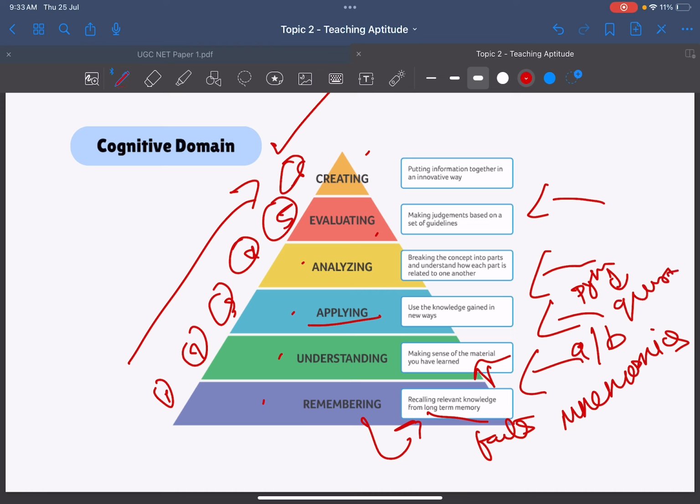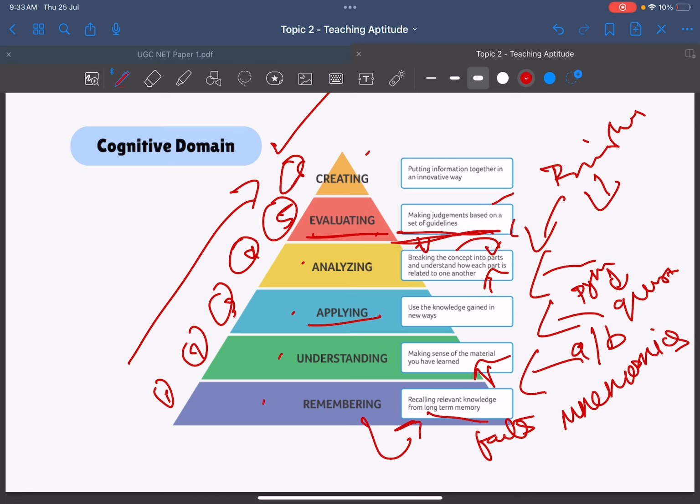Okay? Analyzing means breaking the concepts into parts and understanding how each part works. Evaluating is basically making judgment based on a set of guidelines. For example, Britishers came to India and there are different schools of thought on whether they helped or whether they were bad for the Indian economy or not. You are now able to make a judgment based on what is written.